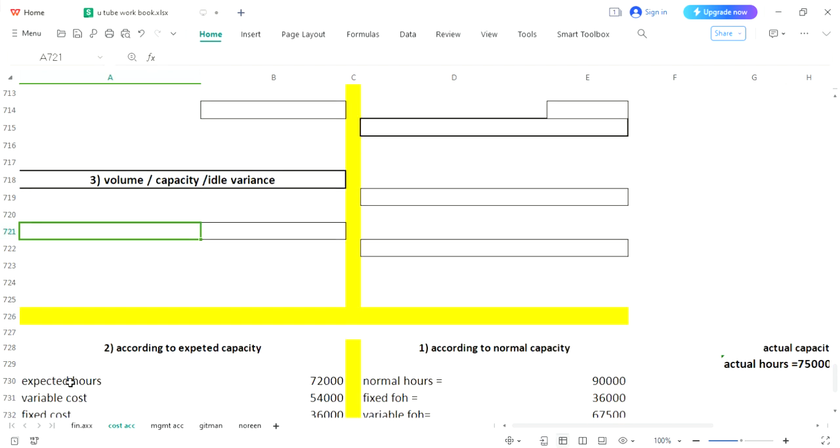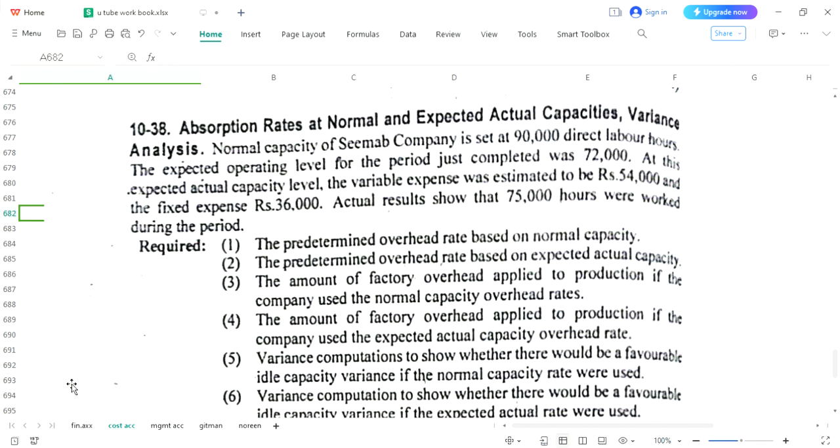We will now see what the fifth requirement is saying. Variance computation. We have three variances: total variance, budget variance and volume variance. What variance are they talking about? Where there would be a favorable ideal capacity variance. So they are asking to calculate capacity variance if normal capacity rates are used. So again two variances would be calculated.